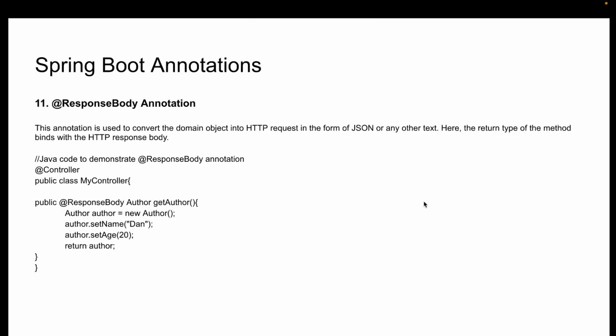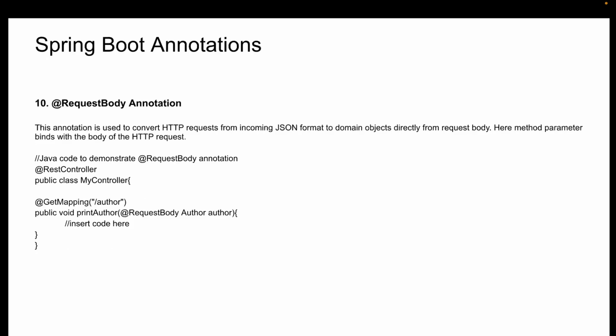Let's see this response body annotation. So the response body annotation is about getting the response. Means in the previous example we saw that we were using request body to pass some things along with our request.